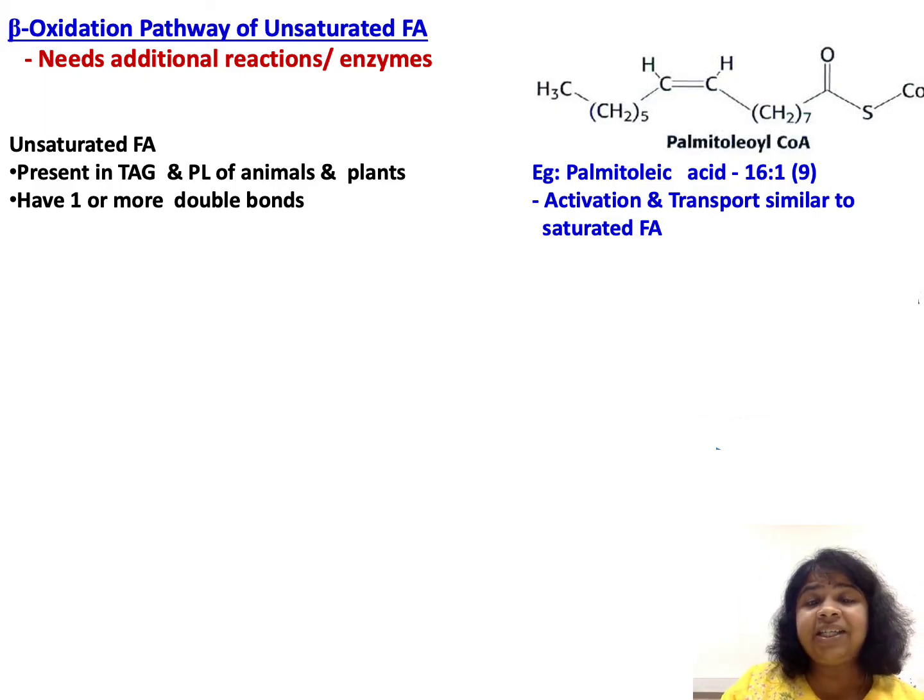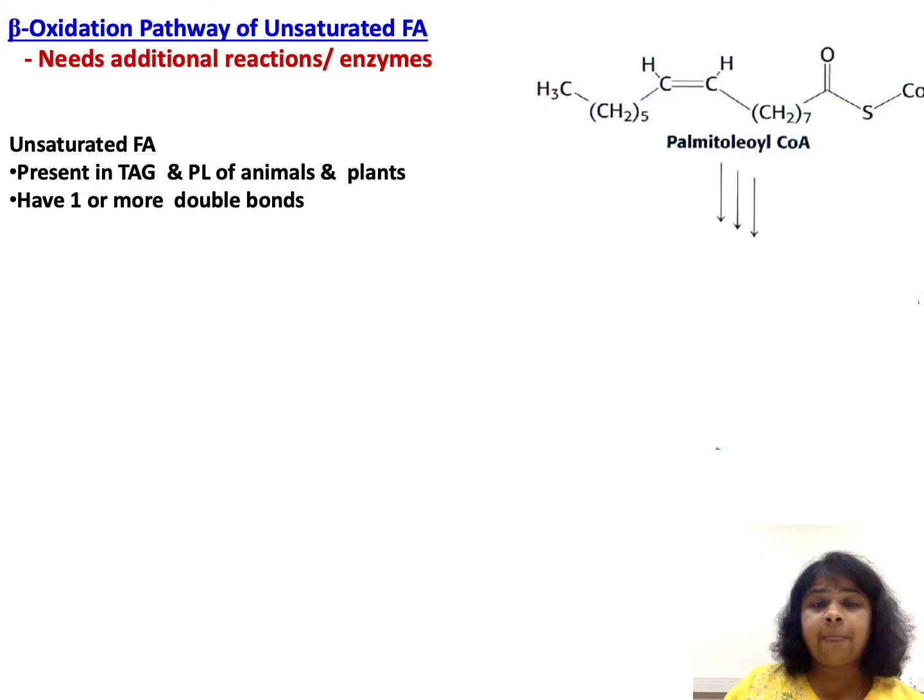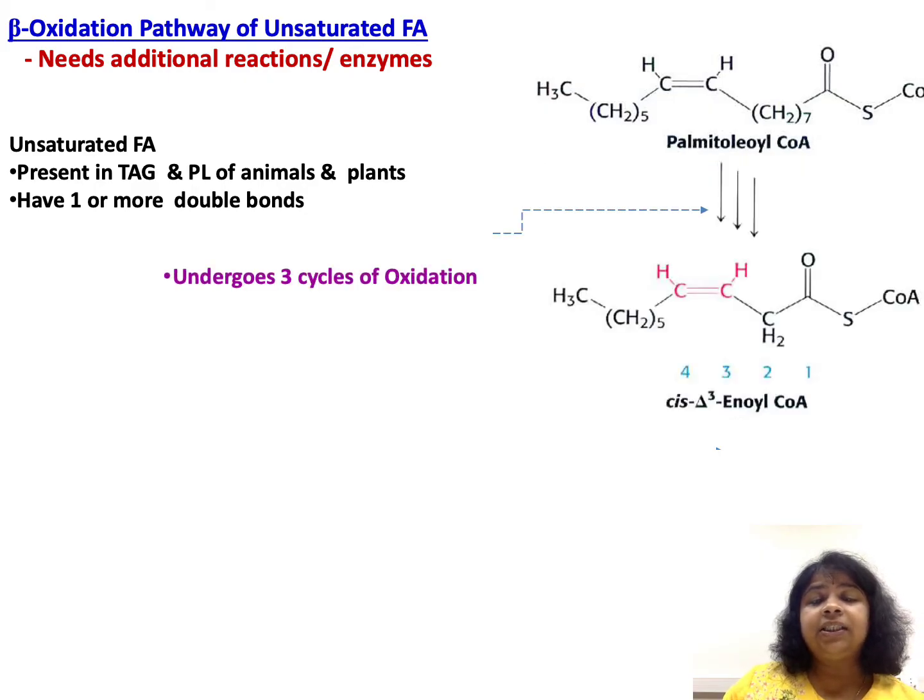Now we have 7 CH2 groups here, after which the double bond is present. So initially it undergoes beta oxidation normally till it reaches this position where it is presented with a cis double bond. So it undergoes 3 cycles, as there are 7 CH2 groups.